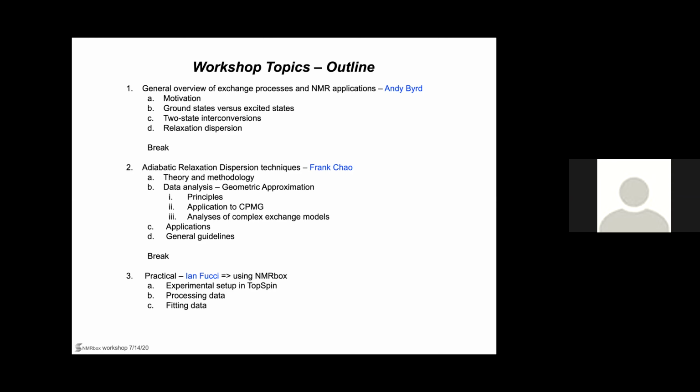Okay, this is just a comment. Of course, it's really an awesome talk. I'm dumbfounded. I don't have a question to ask, so it is a lot to absorb. But I have only one comment to add. This is in reference to Malcolm Levitt's book, Spin Dynamics. I think I remember reading there the nomenclature about the fast and slow exchange.